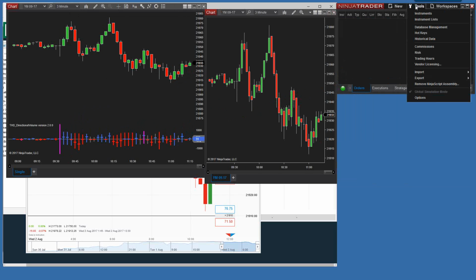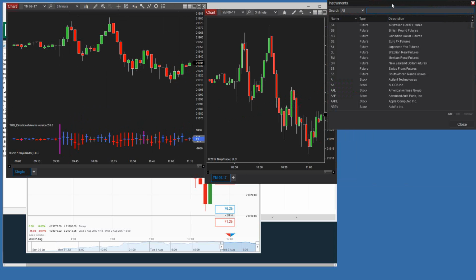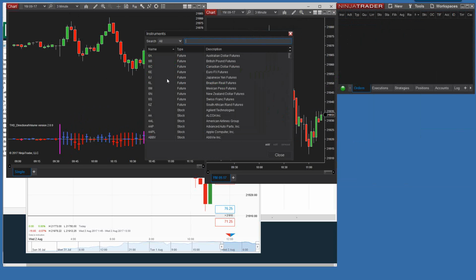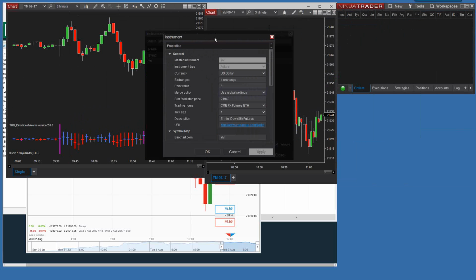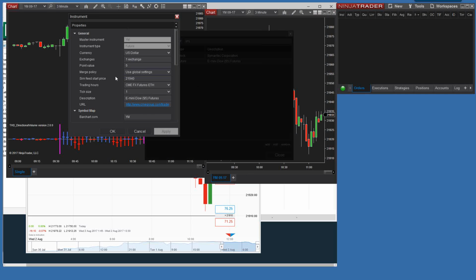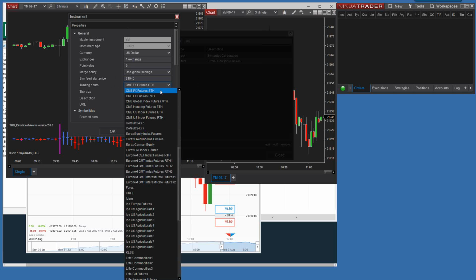The reason is not necessarily in Nadex, but in other platforms, you can actually change the ending time, okay? So in this case, let's look at the Dow, and we're going to edit the Dow, okay? And we can come in here and set this to use a different setting.